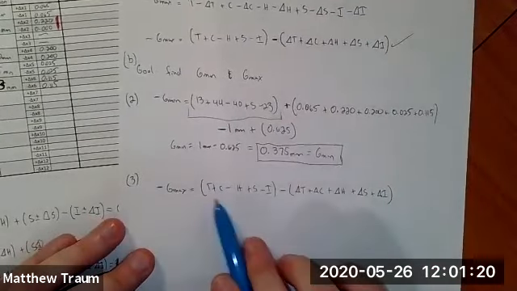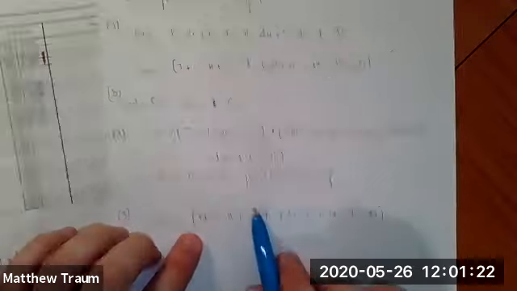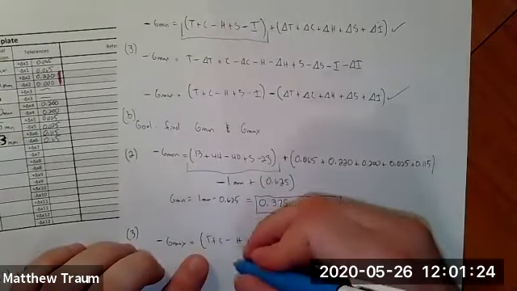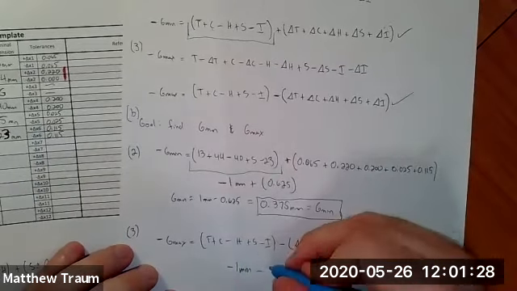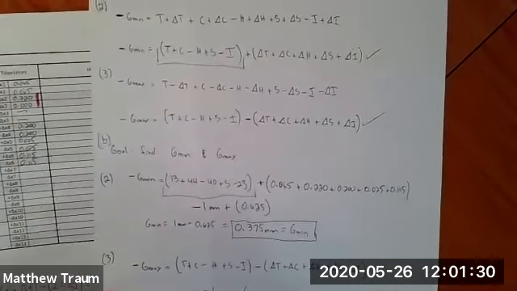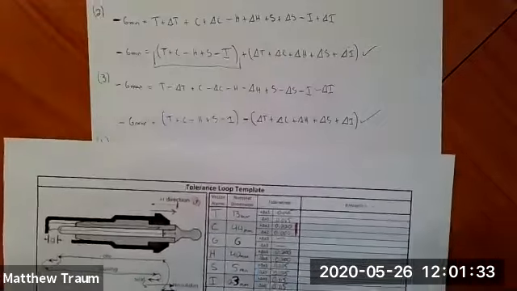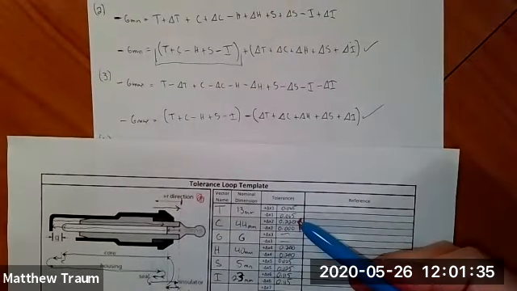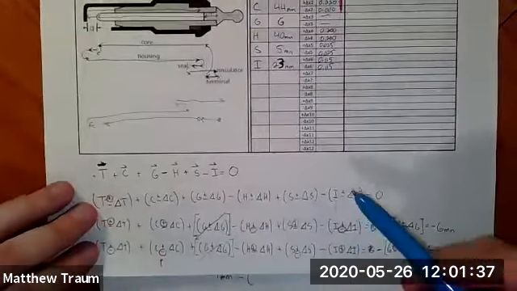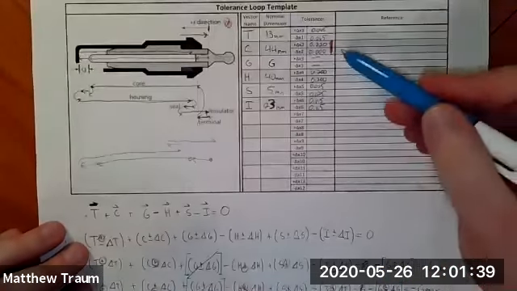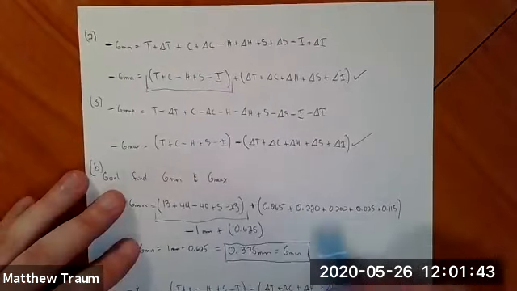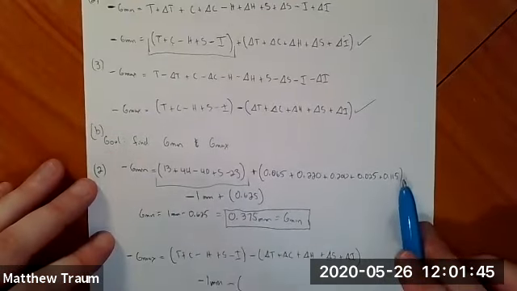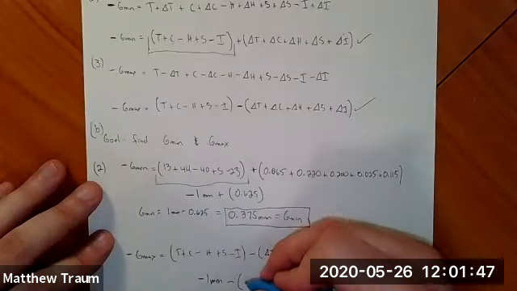This is exactly the same as this, so I'm going to end up with -1 millimeter here. But over here, I've got to be careful because I've got a different dimension. C on the negative side is 0, and on the positive side was 0.22. So I can't just rewrite the dimensions for the tolerances over again. I can write most of them over again, but not all of them.